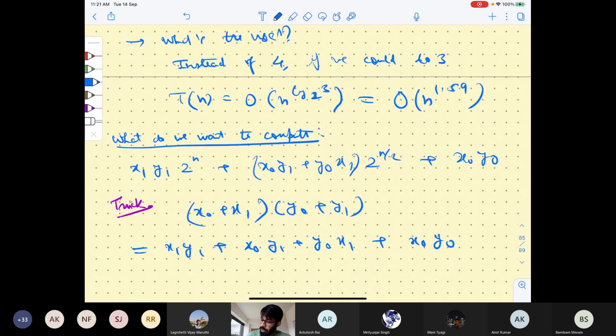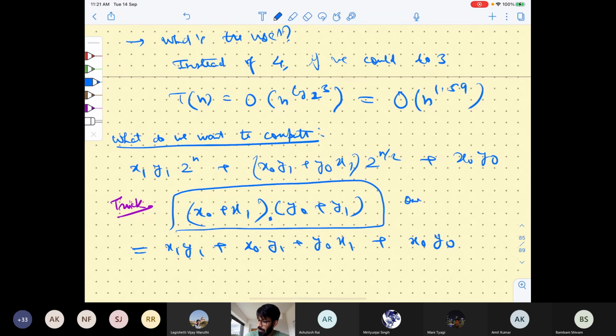So if we compute this number, it will take just one multiplication. Why? Because these are sums of n over 2-bit numbers, so this is one multiplication of n over 2-bit numbers.